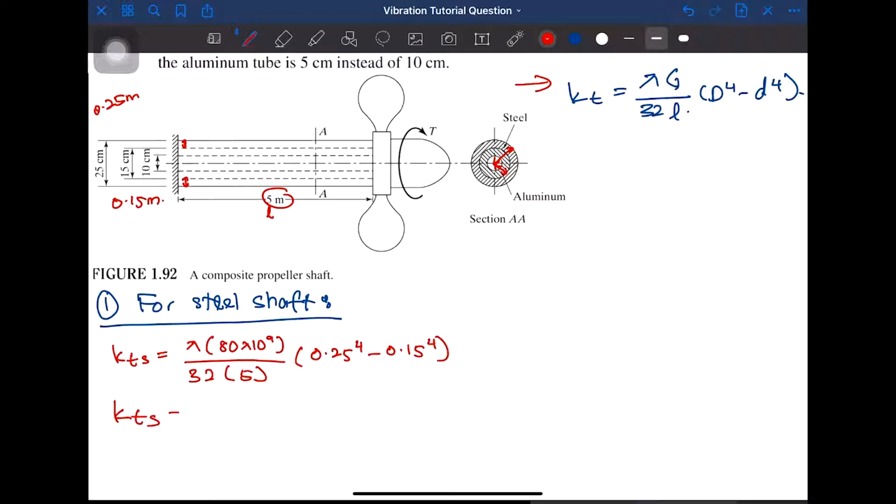That's all. This question is actually very easy. So you can already find your torsional stiffness for the steel shaft, which is 5.34072 times 10 to the power of 6 Newton meter per radian. All right, this is for the steel shaft.